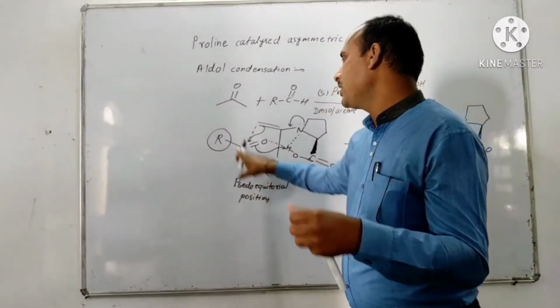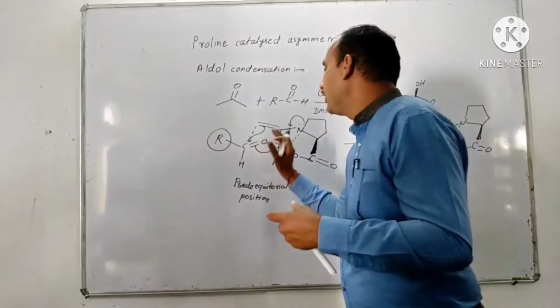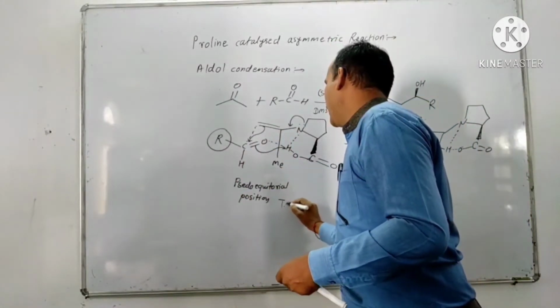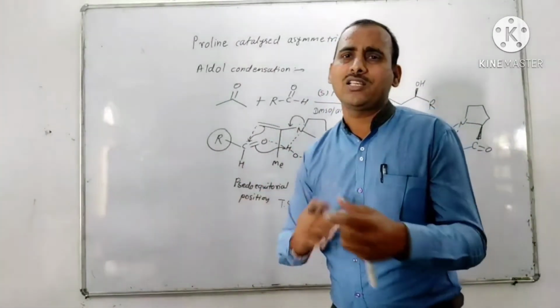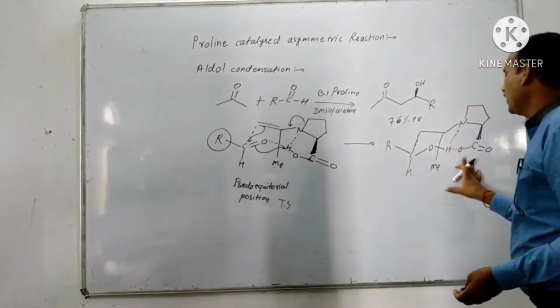So the R group must be present at the pseudo-equatorial position; that is the favored transition state, and this is a Re-face transition state, and therefore this product is obtained.